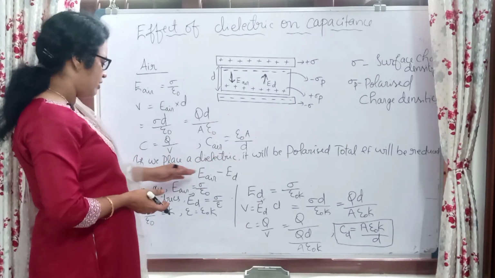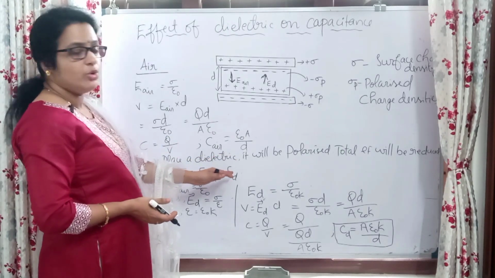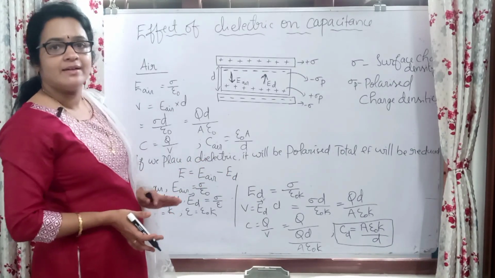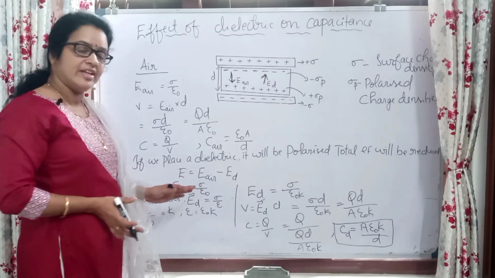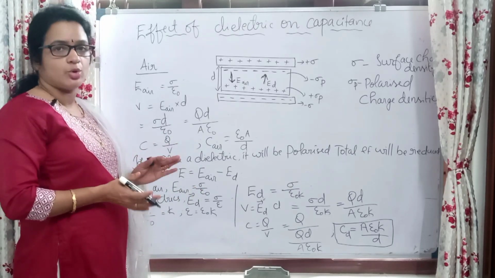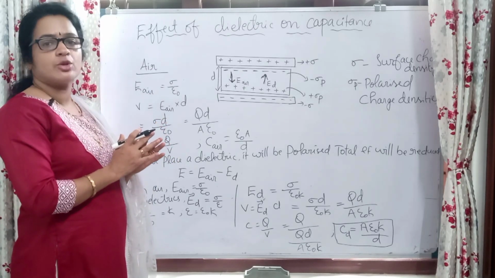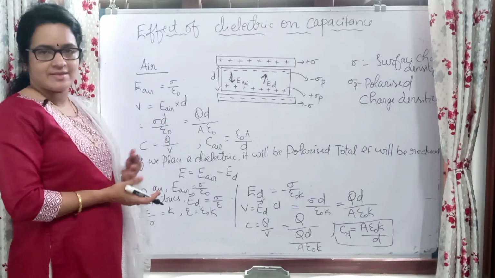Okay, now we have to find the equation for the dielectric. How can we find it? We know that in air, the equation for the electric field was sigma by epsilon 0, because epsilon 0 is the value in free space, right?